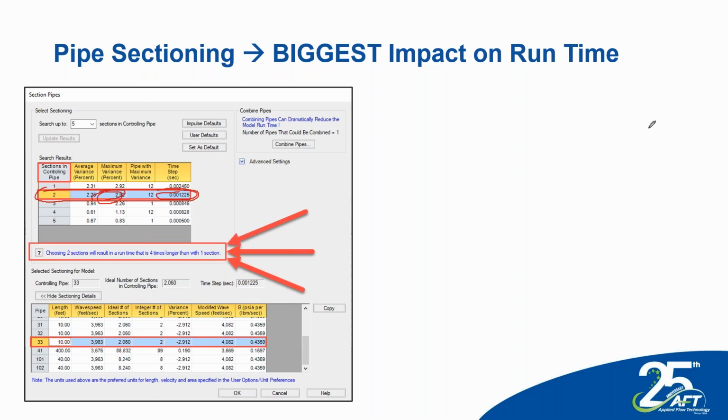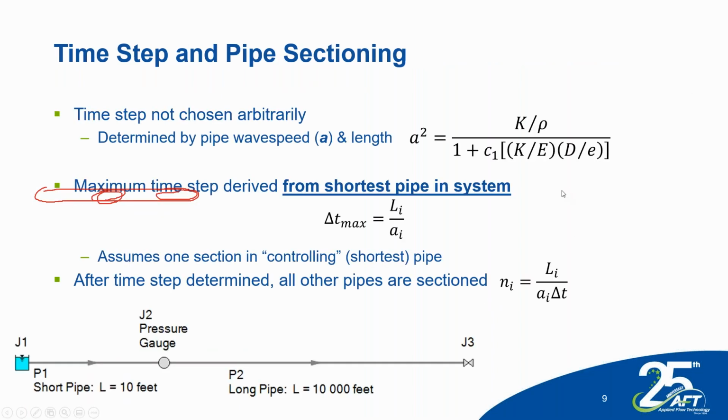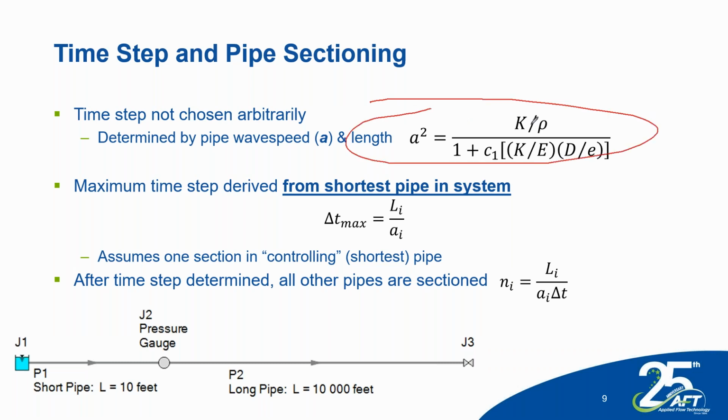And the reason for that is because if I go back a few slides here and we take a look at the wave speed equation, this is the wave speed equation right here. As you can see, we've got a lot of complicated terms. Bulk modulus of elasticity of the, I can't remember, that's the fluid of the pipe. We have bulk modulus of elasticity of the fluid.